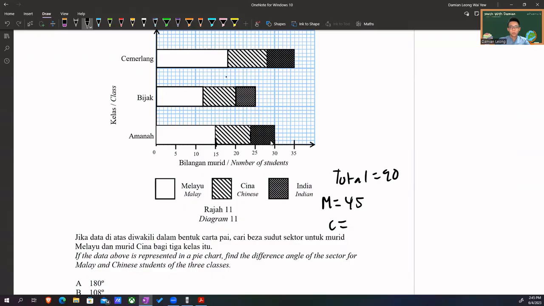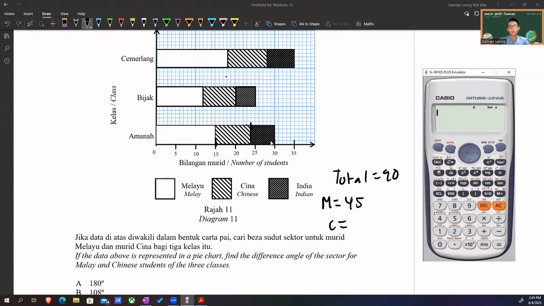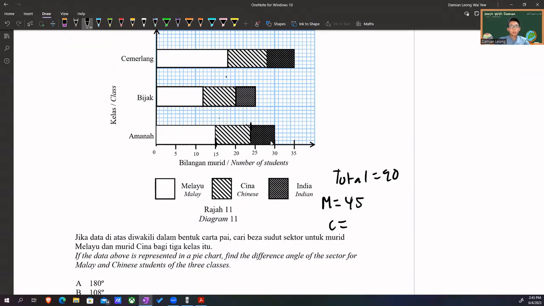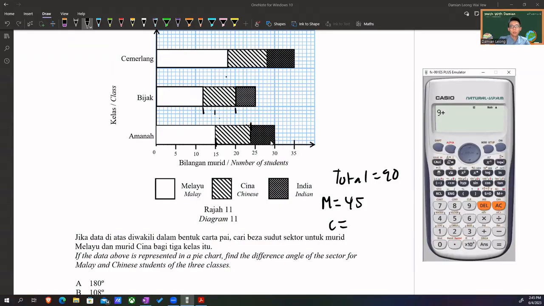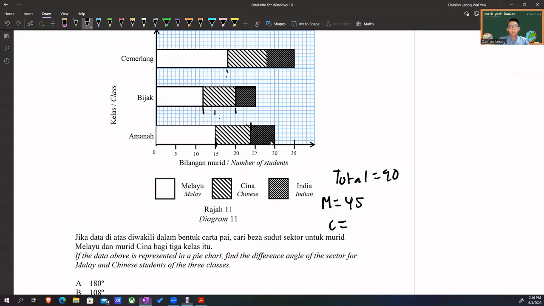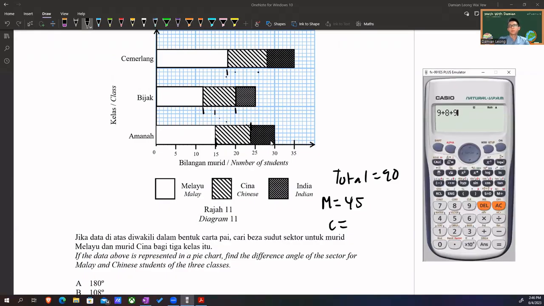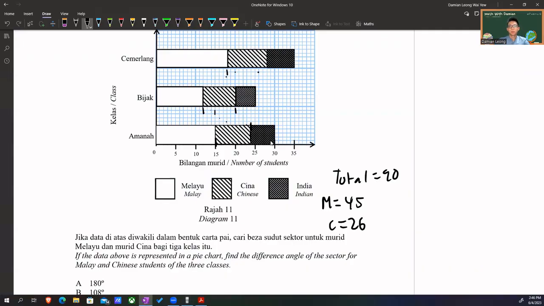Here to here: 5, 6, 7, 8, 9. 9, plus here to here, 5, 6, 7, 8, 8, plus this one, 1, 2, 7, 8, 9, 9, 26.